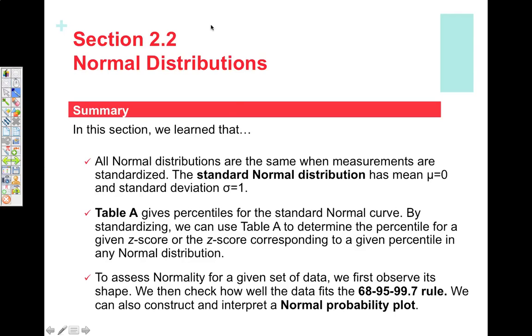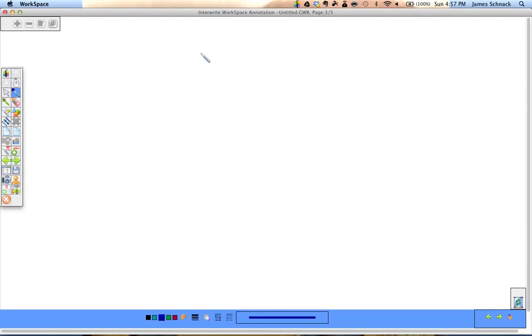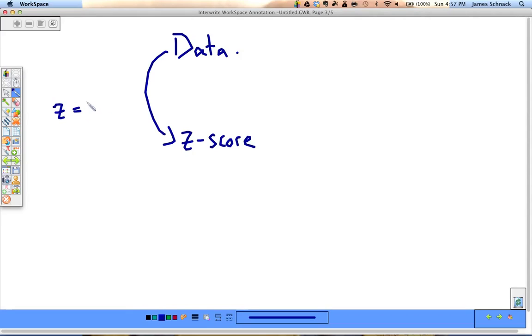Before I leave you today, I want to summarize some things in this section with a quick flow chart. Oftentimes in these problems, we start with data. And we want to take that data and turn it into a standard score, a z-score. And the way we do that is we take z equals x minus x bar over s.